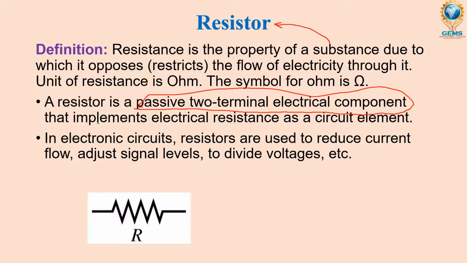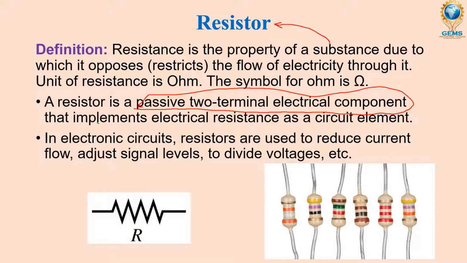Here you can see a resistor symbol. These are the different resistors. In these resistors you can see different colors: yellow, pink, black, golden, green, red. Each and every resistor is given different colors. This we call color coding. Color coding is used to calculate the resistance value, in ohms, like 2 ohms or 3 ohms.